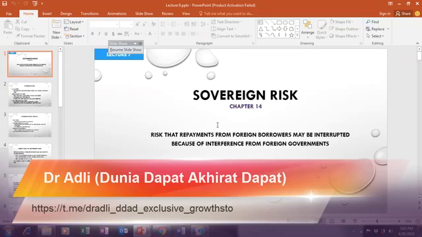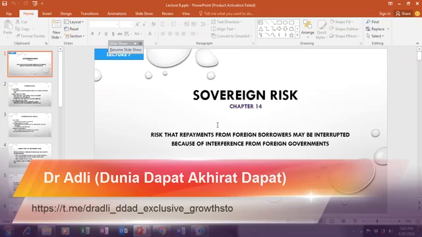So basically, sovereign risk is whereby when you invest in other countries, for example, you give loans to foreign companies, and then there are some problems with that country, maybe political instability, war, or some new policies being promoted by that country.